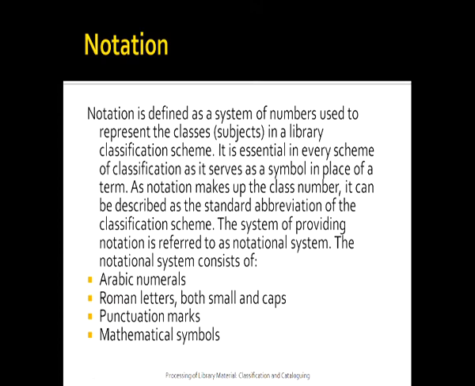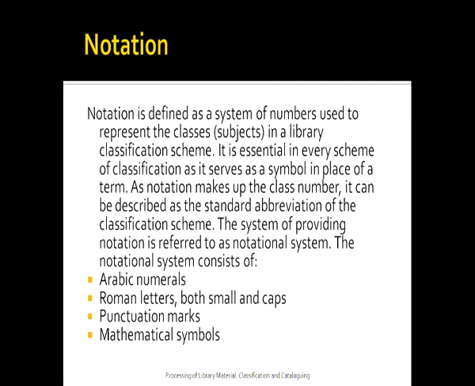The system of providing notation is referred to as notational system. The notational system consists of Arabic numerals, Roman letters which could be both small and cap, punctuation marks, mathematical symbols. In fact, different schemes of classification use different kinds of notation.